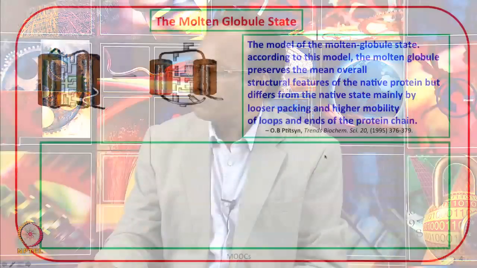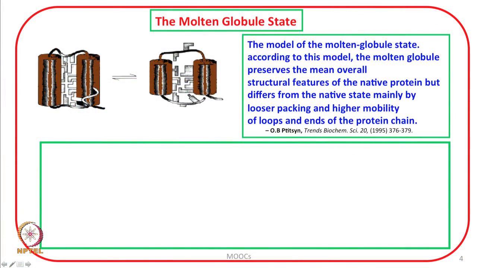Let us take a look at this figure. This figure represents a cartoon picture of the formation of the molten globule state, and this was proposed by Tritson in 1995, where this part of the figure represents the native state and this part represents the molten globule state.